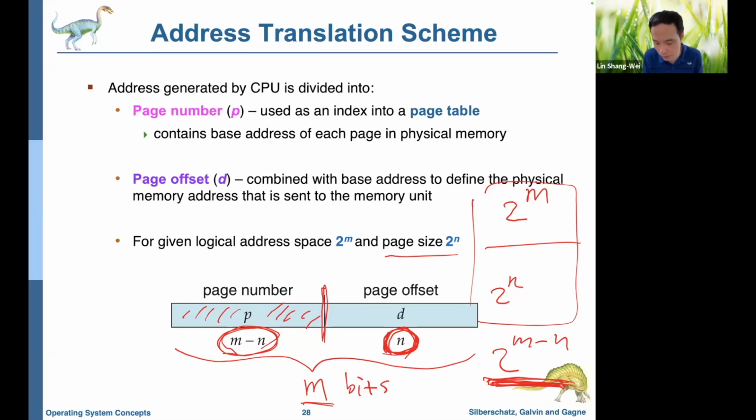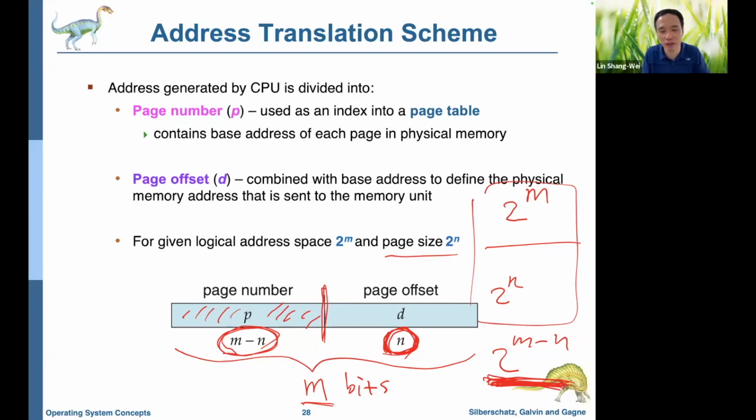then remember you have this number of pages, right? And in your page table, you have this number of entries. Meaning that if your page size is small, you're going to have a lot of pages, and then your page table will be bigger, because you need to indicate which logical page is mapped to which physical frame. So this number would be the number of entries in your page table.